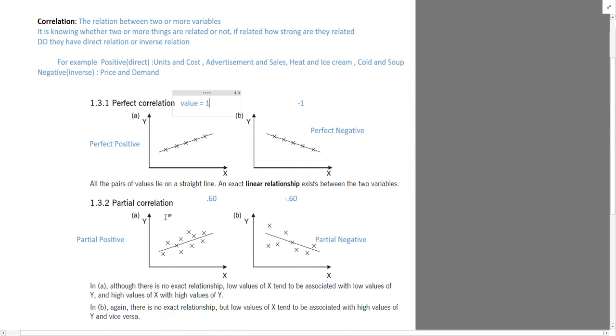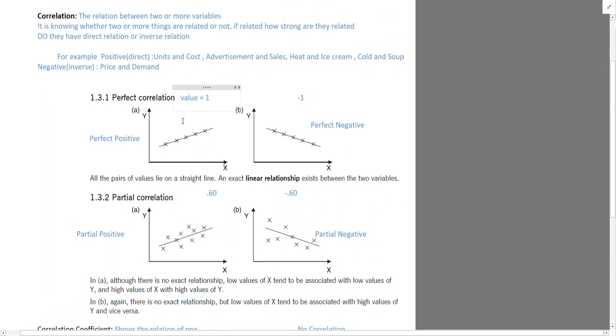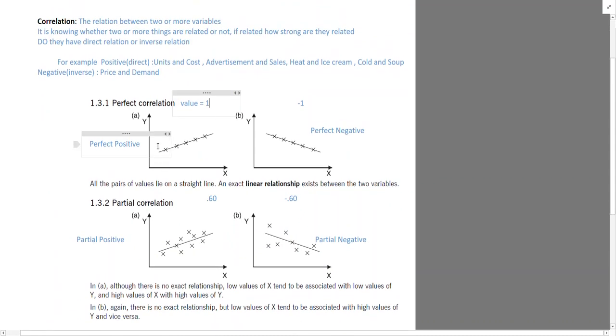So we could have other situations as well. In the first one that I explained, the perfect correlation is where all the data, if we want to draw a line of best fit, all of that data will come on that line. If it is a negative correlation, then all of the data still comes on the line.